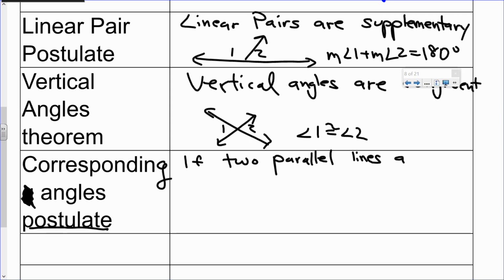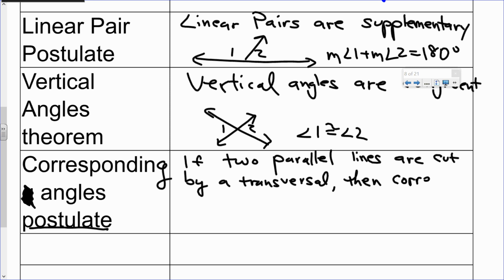If two parallel lines are cut by a transversal, then corresponding angles are congruent. Try to write small because you're going to put a little picture in here. Then corresponding angles are congruent.